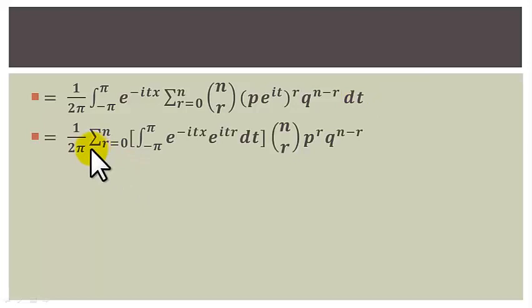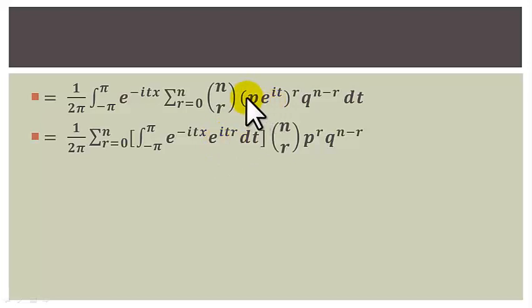We can interchange the summation sign and the integral sign to obtain 1 over 2 pi, summation as r goes from 0 to n, in bracket, of the integral from minus pi to pi, exponent minus itx times exponent itr.